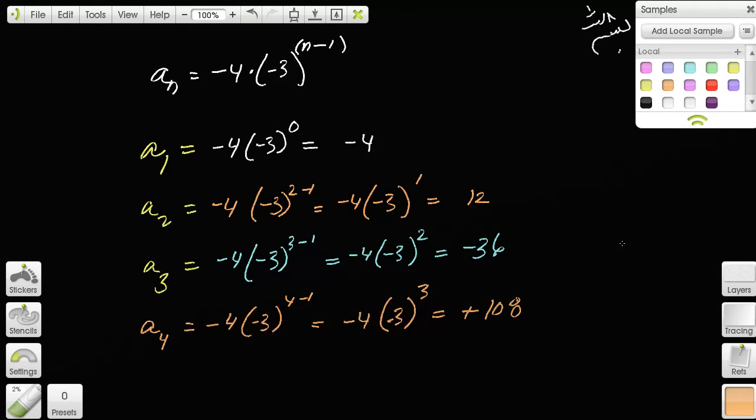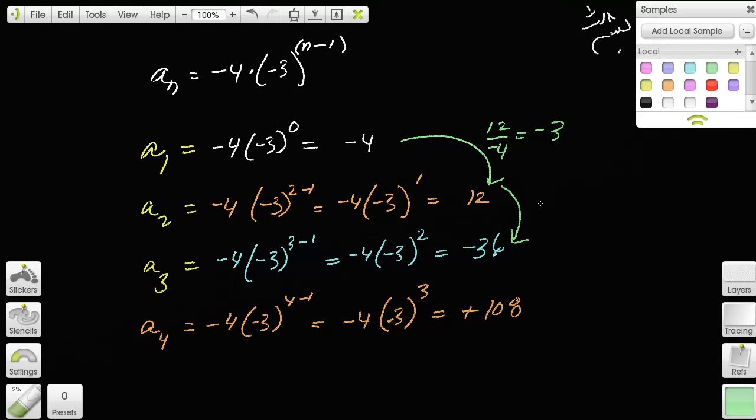That's 108. Okay, so from here to here, the common multiplier is negative 3, and as you can see, every time you multiply by negative 3. Now if you still didn't know what the multiplier is, the way you would find out is you would do 12 divided by negative 4, and that's negative 3.